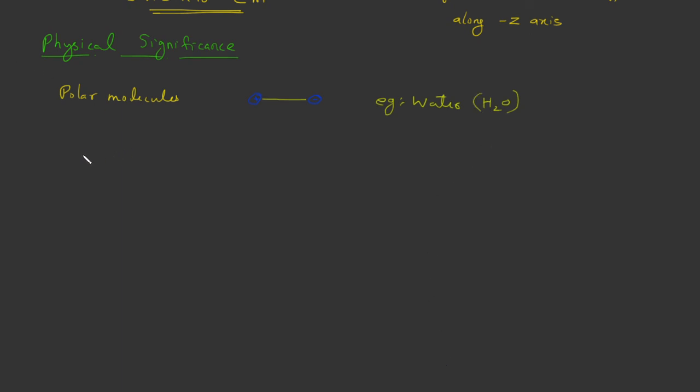One example of polar molecules is water. The other type, in which the center of positive and negative charge coincide, are called nonpolar molecules. So in this case, center of positive and negative charges coincides. One example of nonpolar molecules is carbon dioxide.